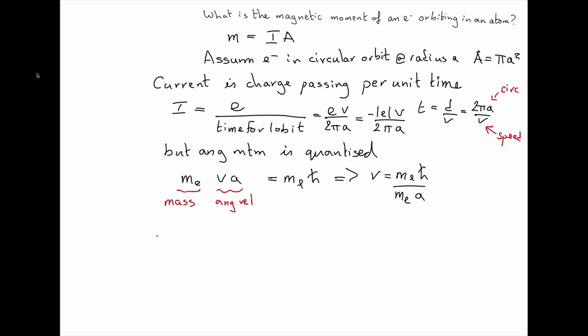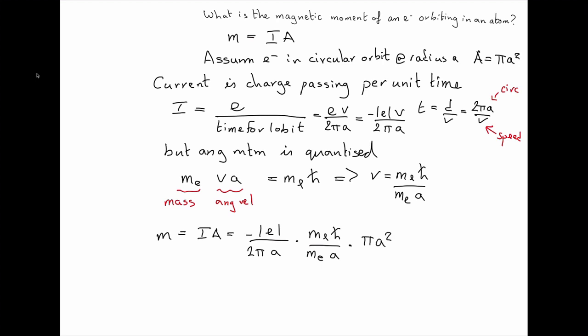So the magnetic moment equaled I A, and that's going to be equal to minus mod e over 2 pi a times v, well that's m_l h bar over m_e a, and we need to multiply that by the area.